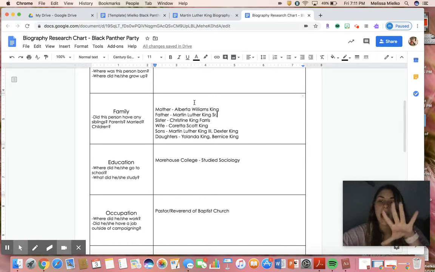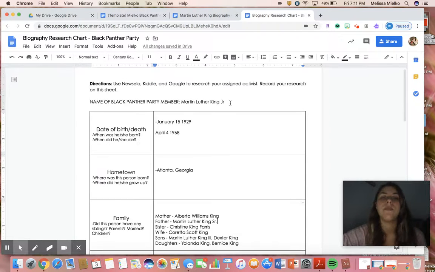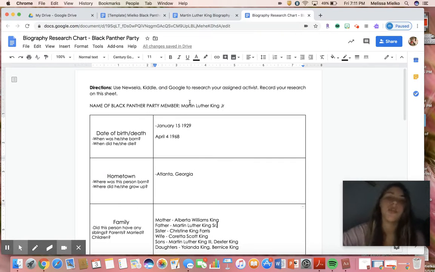The first 5 boxes. We are not talking about what they did as an activist yet. We're not going to talk about the Black Panther Party yet, how they were a member, not yet, okay? Remember, I did mine on Martin Luther King Jr., but you guys are doing yours on the person you researched for the past couple of weeks, okay?